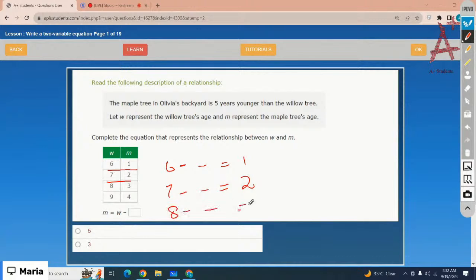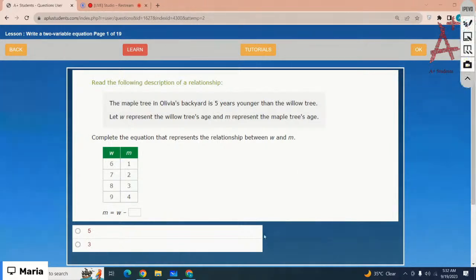Which number is it? It is 5. 6 minus 5 is 1. 7 minus 5 is 2. 8 minus 5 is 3. That means every time you have to subtract 5. The equation would be M equals W minus 5. Also, you can see from here, 5 years younger means you have to subtract 5. The correct option is 5.